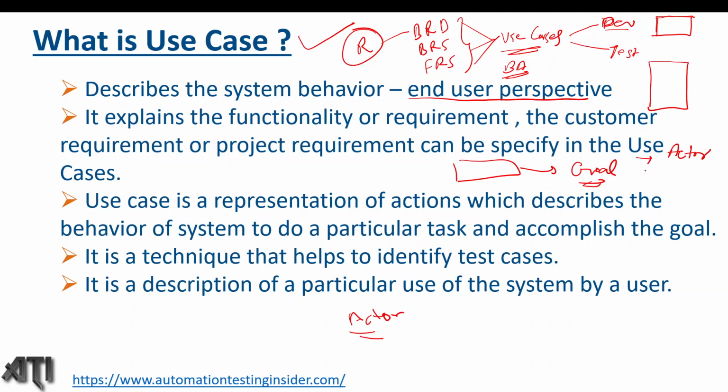The second is the system, and the third is the use cases. So these are the three participants: actor, system, and use cases. The actor will participate in the system to derive the business use cases.